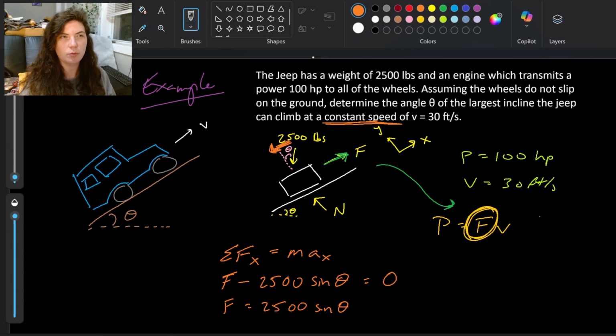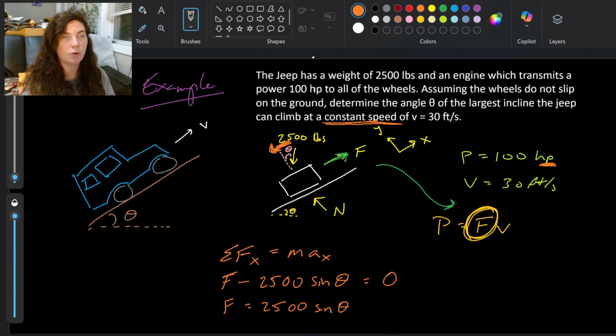The only thing that I really want to make sure and pay attention to is my units here. I have this power in terms of horsepower, so I want to convert that into foot-pounds per second before I move forward, so that I don't have any errors in calculation from a conversion error.